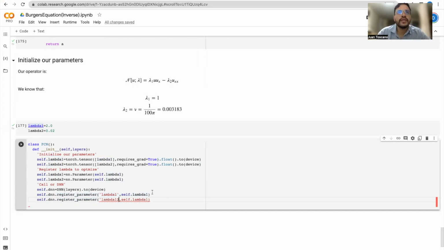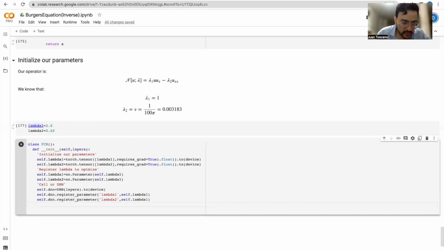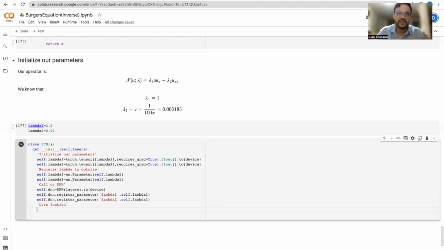Also, we need to define a loss function. Well, the general loss function, we will have a specialized loss function, but the general loss function would be the mean squared error.